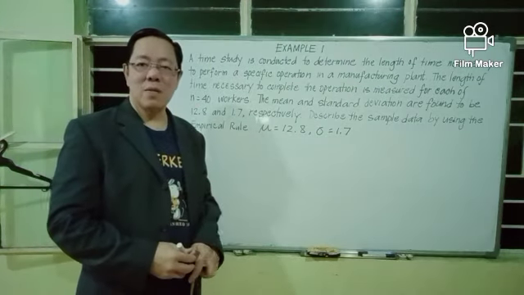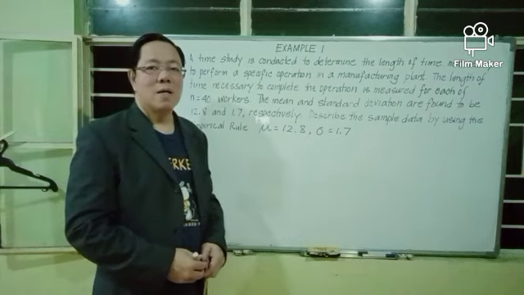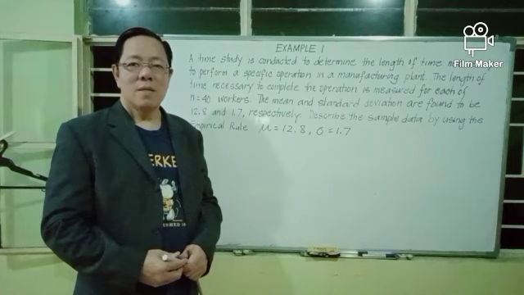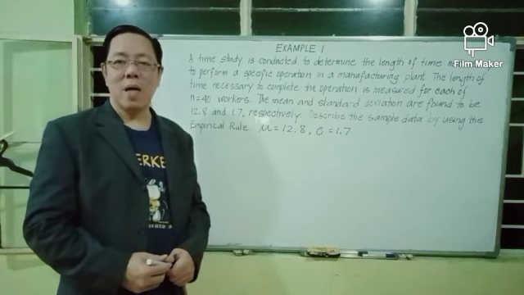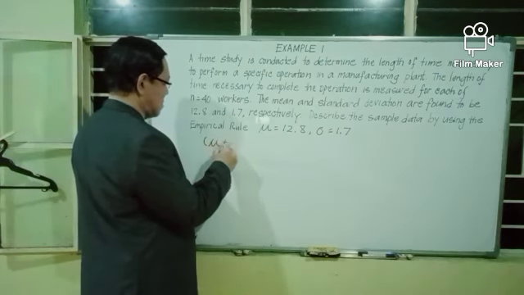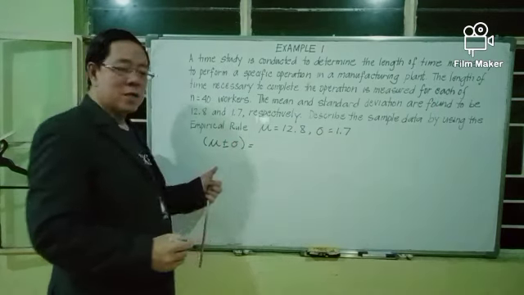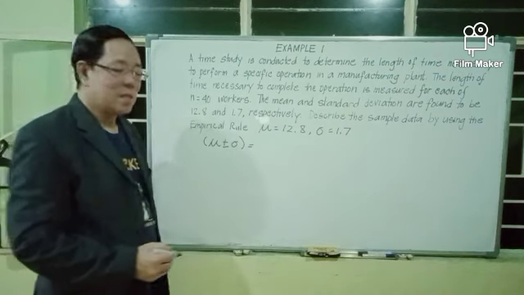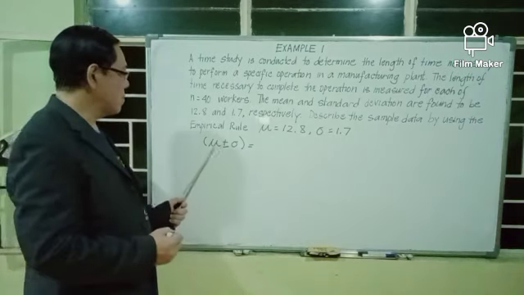And by the empirical rule, 68% of the measurements for each of the 40 workers lie in the interval mu plus or minus sigma. This open interval is equivalent to the open interval with left endpoint mu minus sigma and right endpoint mu plus sigma.